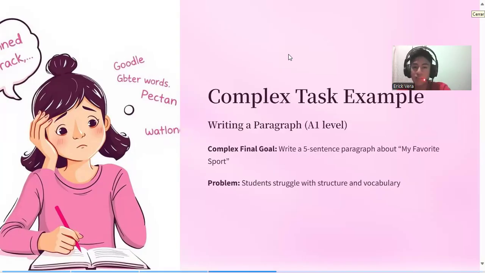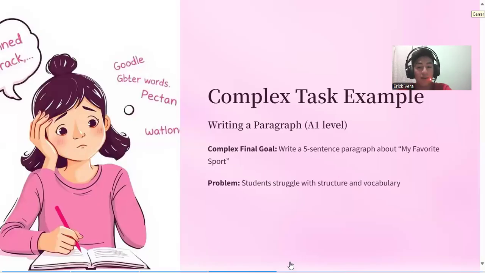The complex activity is to write a five-sentence paragraph about my favorite sport. The problem is that the students maybe struggle with the structure and vocabulary. Five sentences in one paragraph.